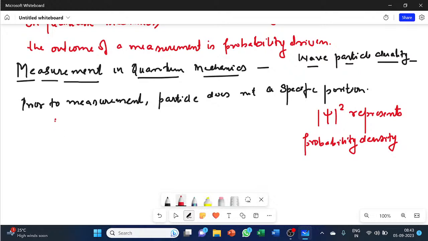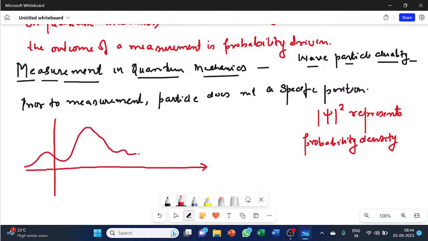Let us say I want to sketch a graph of psi mod whole square. I'll take the reference of Griffiths, and let's say this is how it is going to be. Let's say this is my A and this is my B. What does this area under the graph represent, where this is psi mod whole square and this is x?